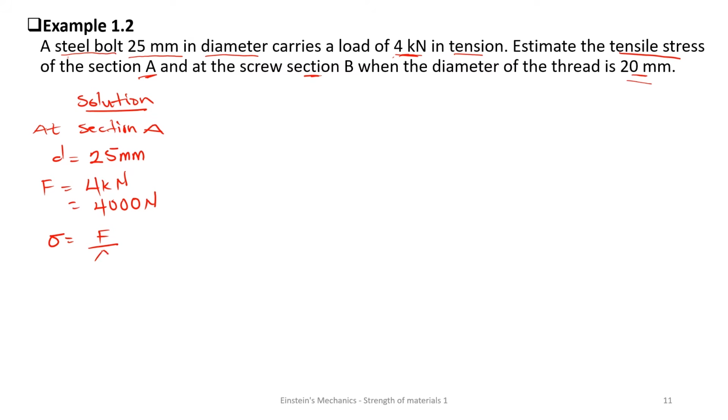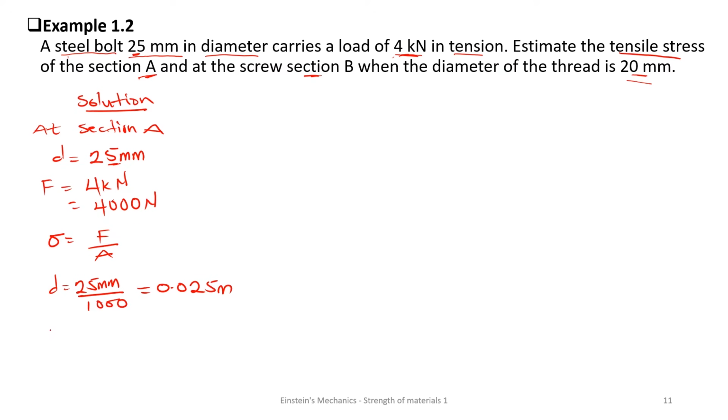force over the area. At section A, where the diameter of the bolt was 25, let's check the area at that place. But before we do, let's convert the diameter to meters. So I can say the diameter of 25 millimeters divided by 1000 will give me 0.025 meters.